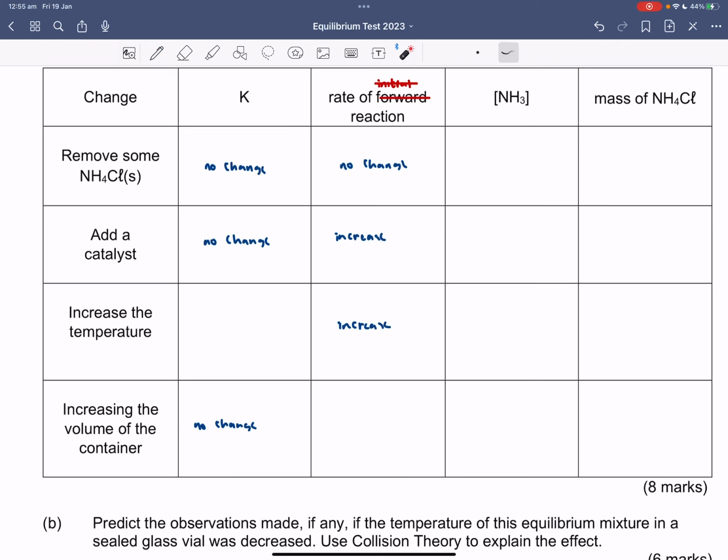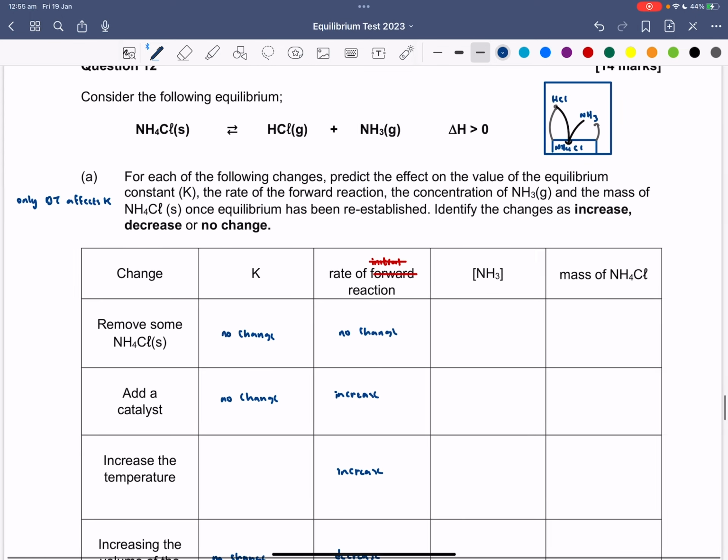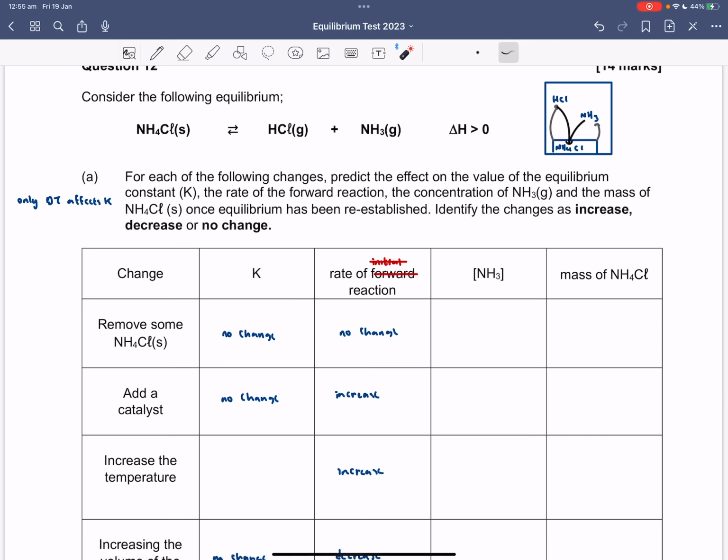What happens when you increase the volume of a container? Now remember, increasing the volume simply means decreasing the concentration of all gas species. That means it is going to decrease the concentration. Alrighty. So, back to this. Removing some NH4Cl solid. We all agreed that removing NH4Cl solid didn't do anything to this.